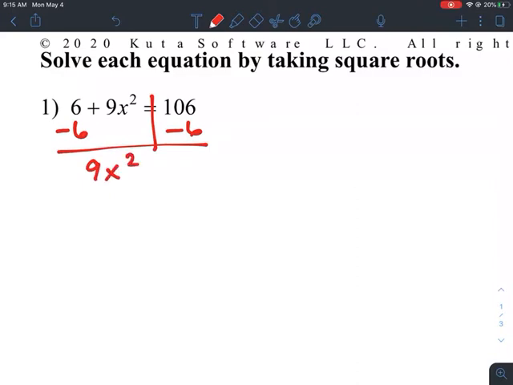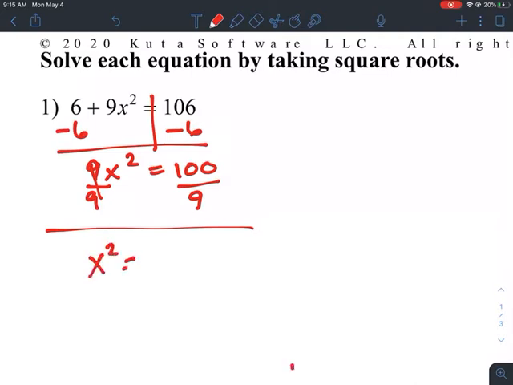So I'm going to end up with 9x squared equals 100. Now, next I'm going to divide. Since 9 does not easily divide into 100, I'm just going to leave that as a fraction, especially when dealing with square roots, because if you start estimating, we're trying to get exact answers here.